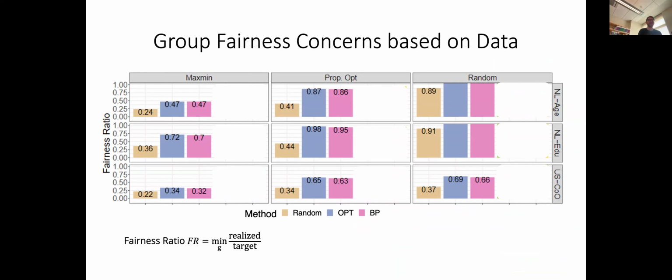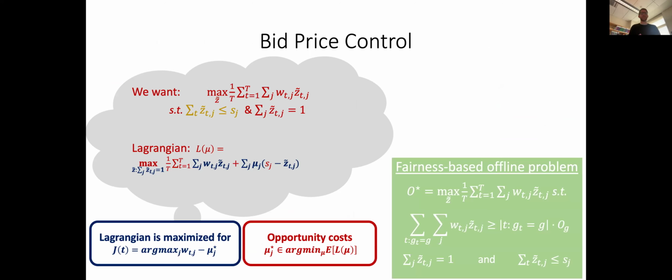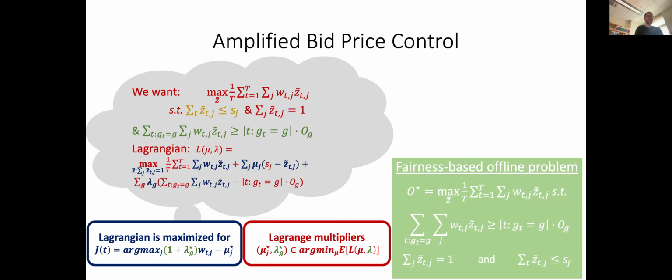So now the question is, can we somehow adapt such an algorithm to not just imitate the offline optimum, but instead to imitate the offline optimum that respects the group fairness constraints? And the answer is yes, we can, by instead Lagrangifying the fairness-based offline problem, or the expectation thereof.